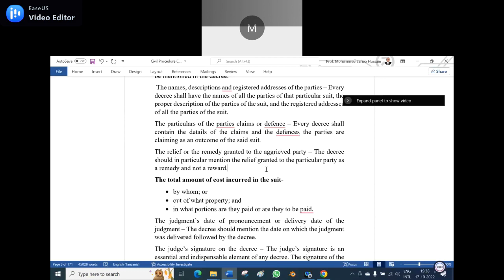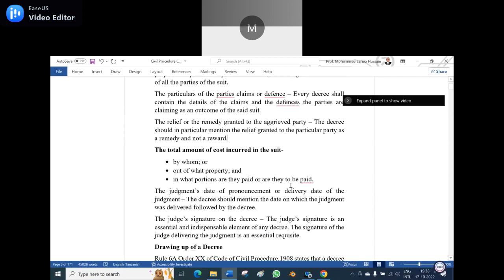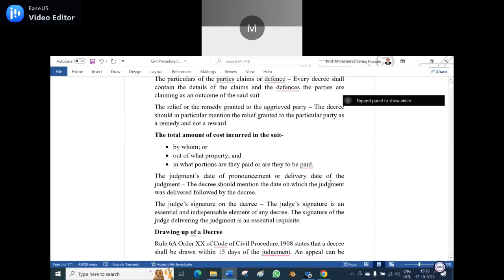The total amount of the cost incurred in the suit. By whom? Or out of what property? And in what portion they are paid and they are to be paid. It should be specifically mentioned. The judgment's date of pronouncement, the delivery date of the judgment.